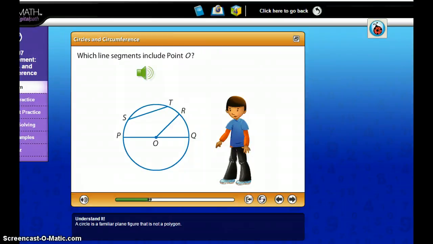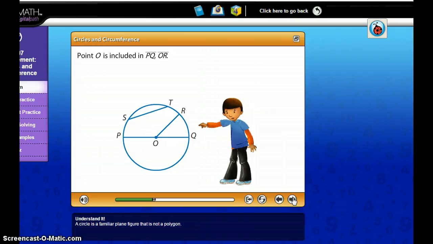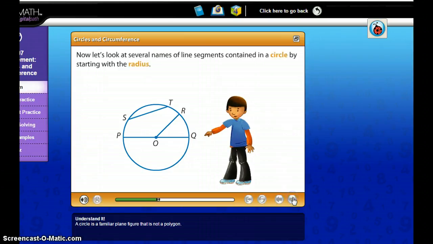By the 2 points. So this is line segment OR, line segment OQ, line segment PO, line segment PQ includes point O. Point O is included in line segment PQ and line segment OR.